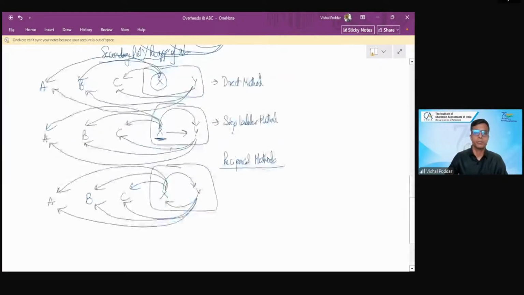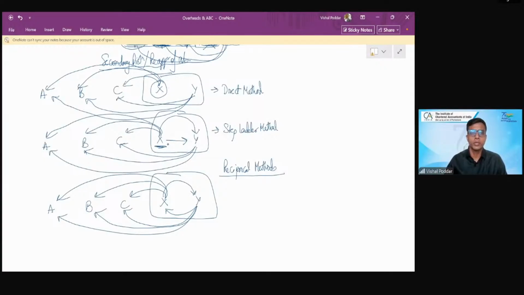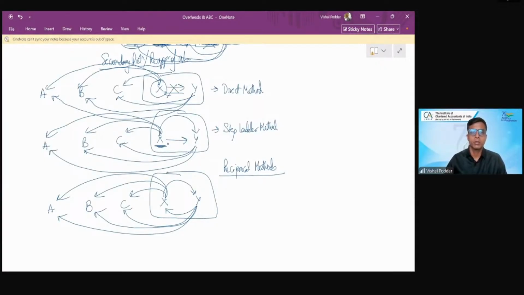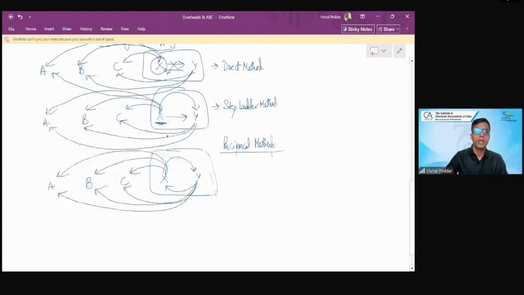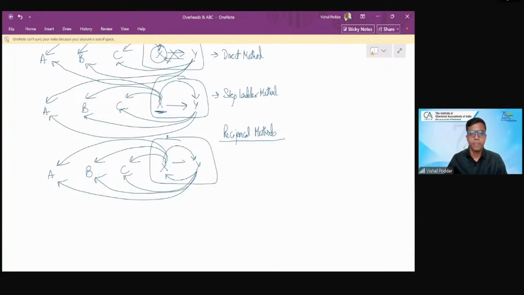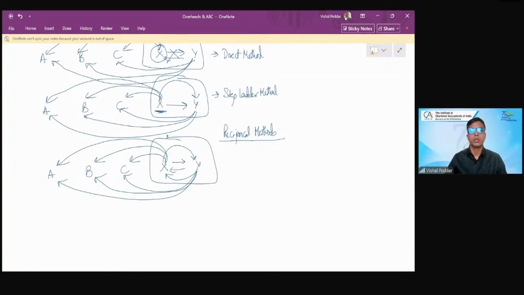See, in the first, no one is giving to anyone. In the second, only X is giving to Y, Y is not giving back. But in the third, both are giving to one another. That is what is reciprocal. Most commonly asked in the exam are these reciprocal category sums, and then the second preference is this.